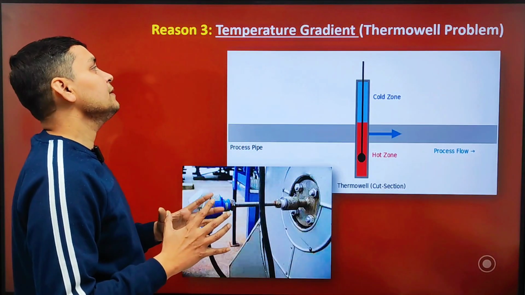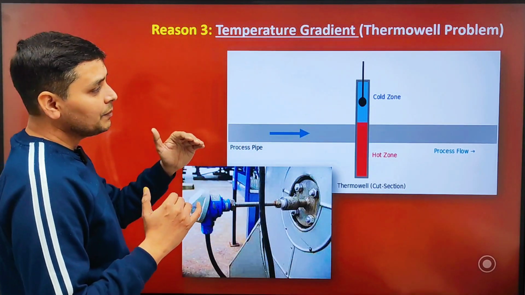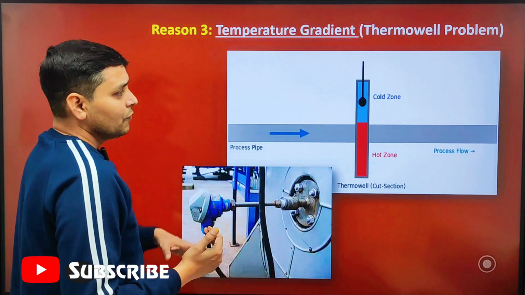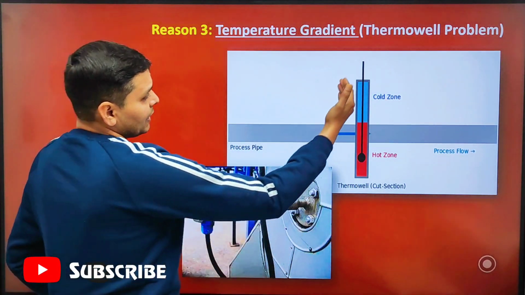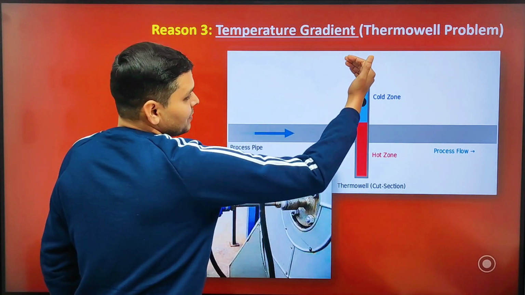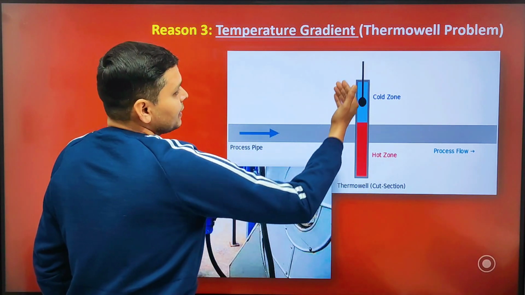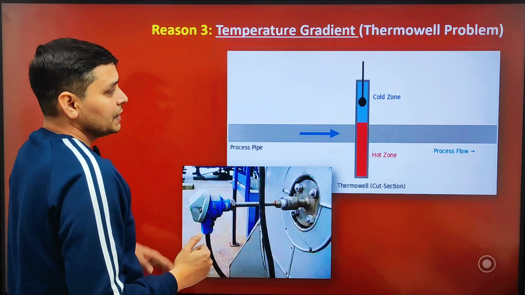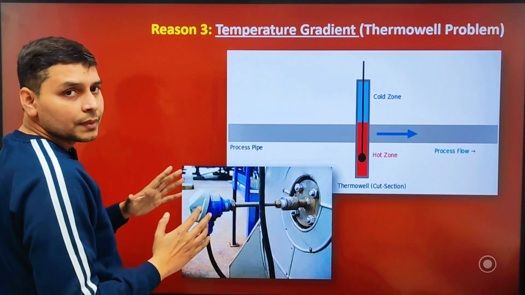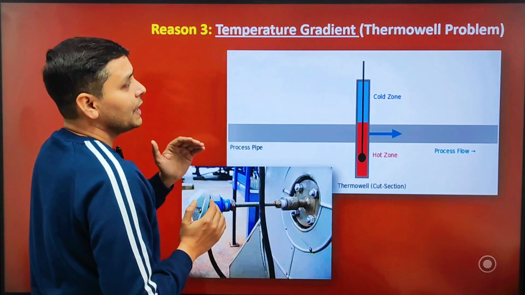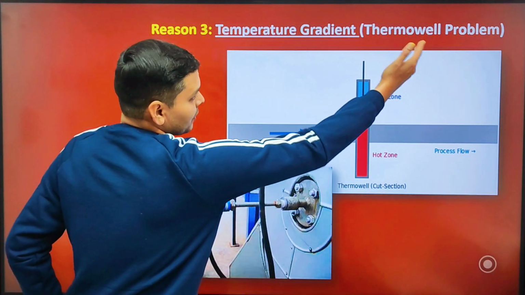Now the third reason is temperature gradient. Temperature gradient means the temperature difference. What does it mean? When we use an RTD, sometimes it happens that it will be hot at one side and from the upper side it will be cold. So in that case also the readings will fluctuate. And the reason behind this is a thermowell problem.